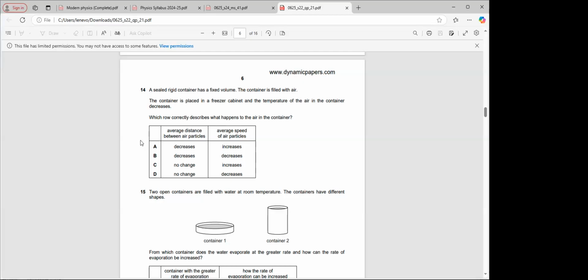Which row correctly describes what happens to the air in the container? Basically this is saying what happens when the temperature increases, and when the temperature decreases. Yeah, this is from your kinetic theory part, kinetic theory of fluids.